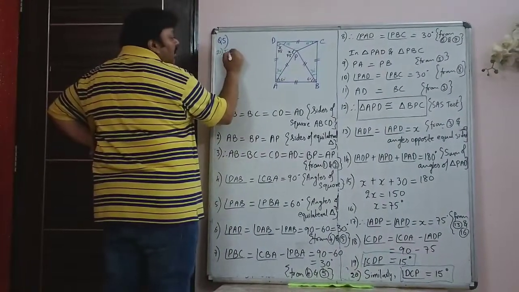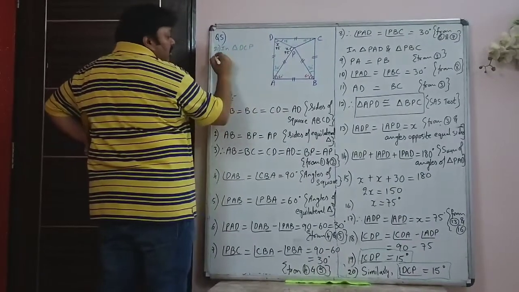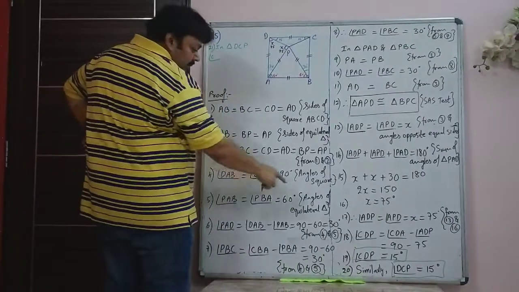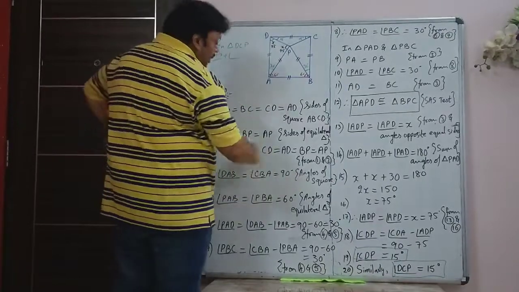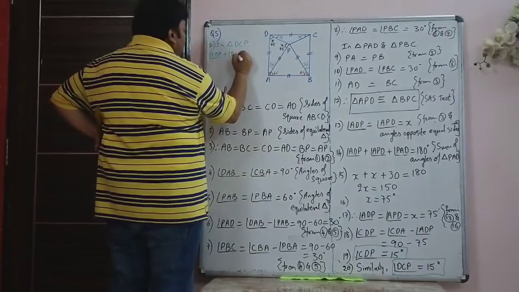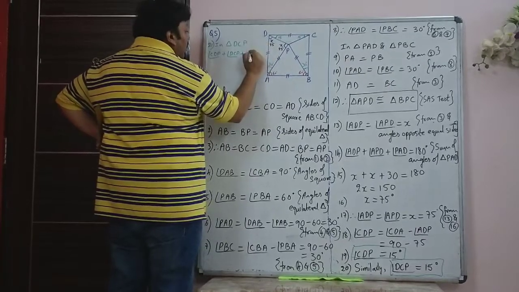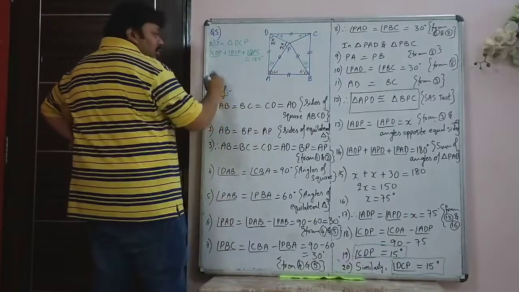So in triangle DCP, you have angle CDP plus angle DCP plus angle DPC is 180 degrees, angle sum property.